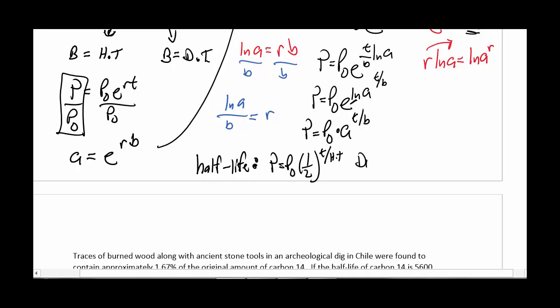And then the double life formula would be P equals P naught, and this time instead of being 1/2, it's now 2 because it's the amount of time it took to double. That would be t divided by double time.